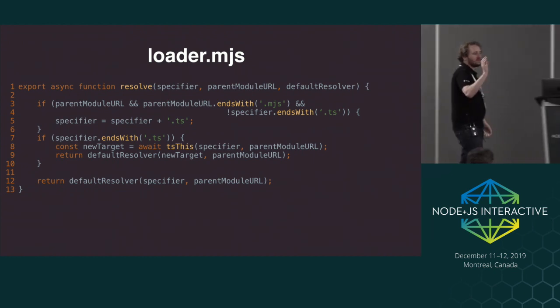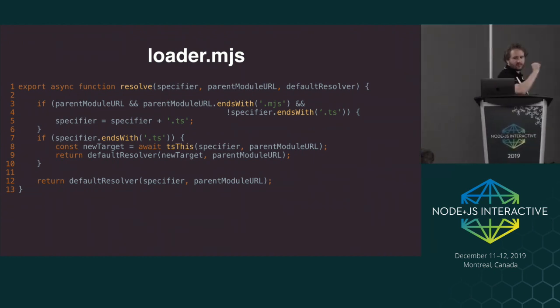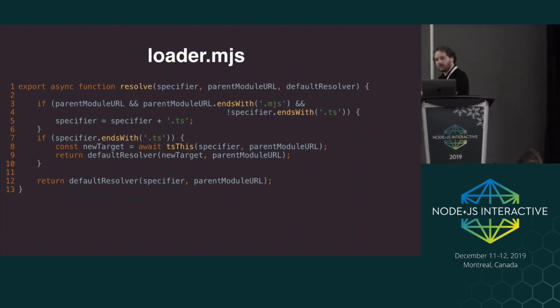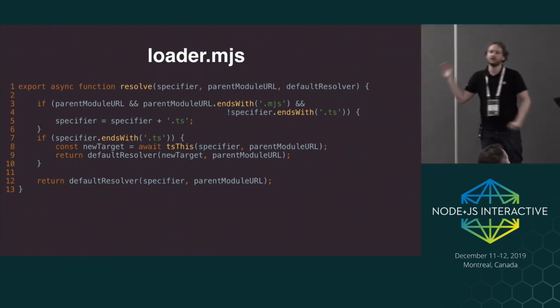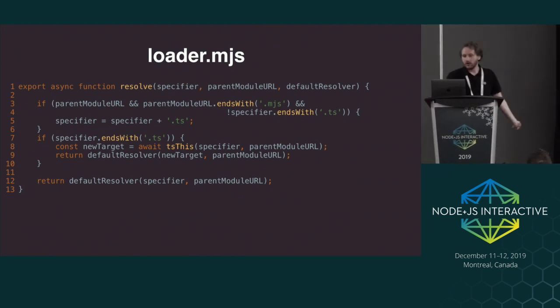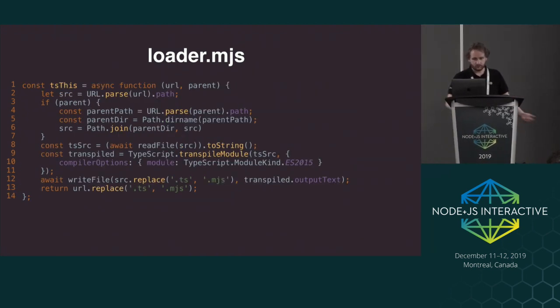So basically what tsThis does is it takes the URL to a TypeScript file and returns the URL to a JavaScript file, and guarantees that the JavaScript file exists and is in JavaScript. So let's check this method.